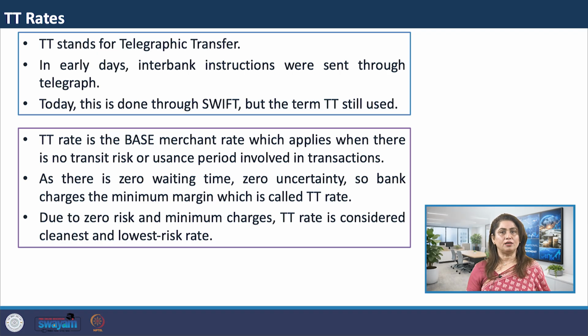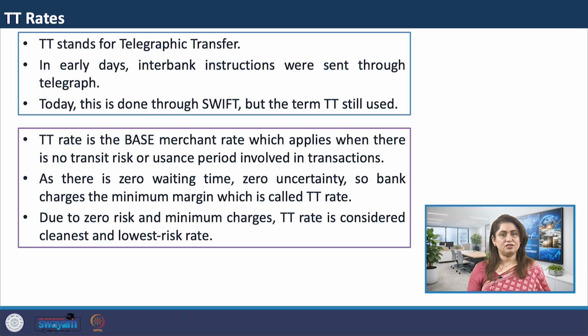If you give $1 to a bank and the amount has already been received in the bank's foreign currency account, there is almost no risk for the bank. It can simply convert the dollars and give you rupees immediately. There is zero waiting time, zero uncertainty, and in that situation, the bank charges the bare minimum margin, that is the TT margin.